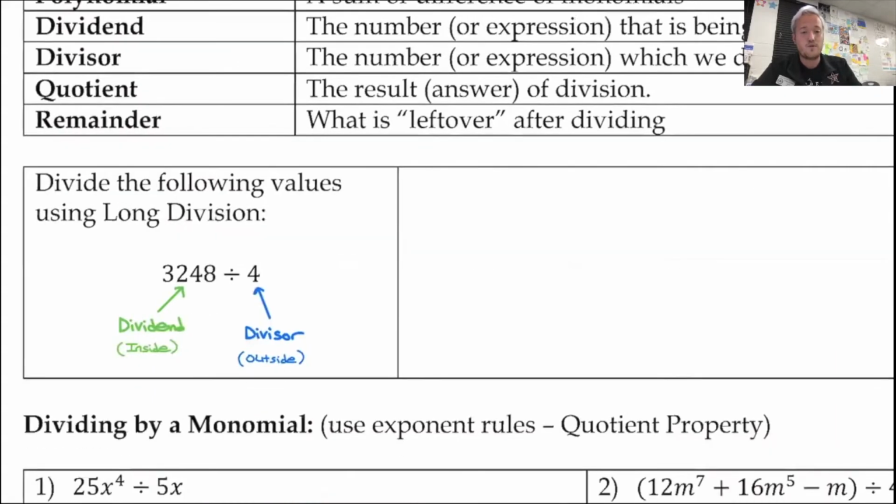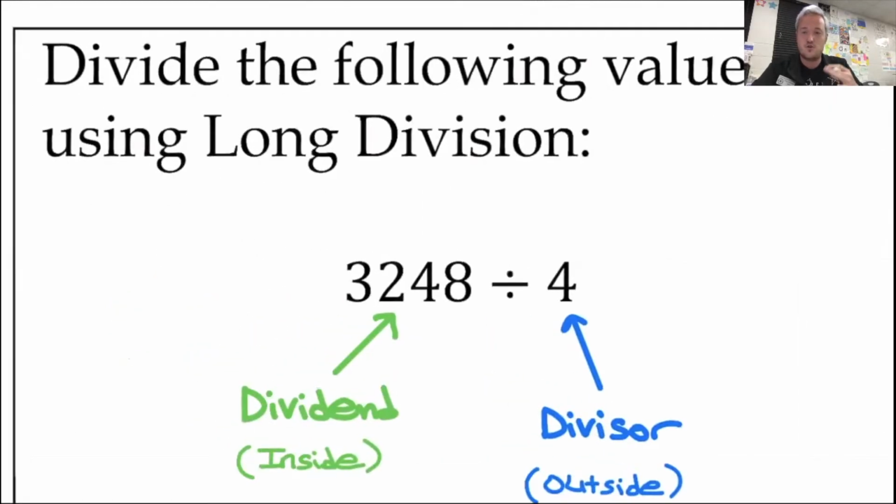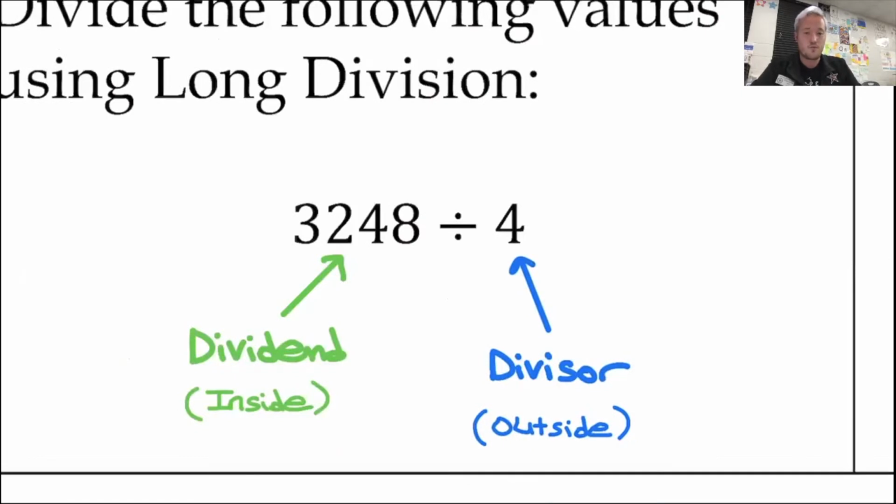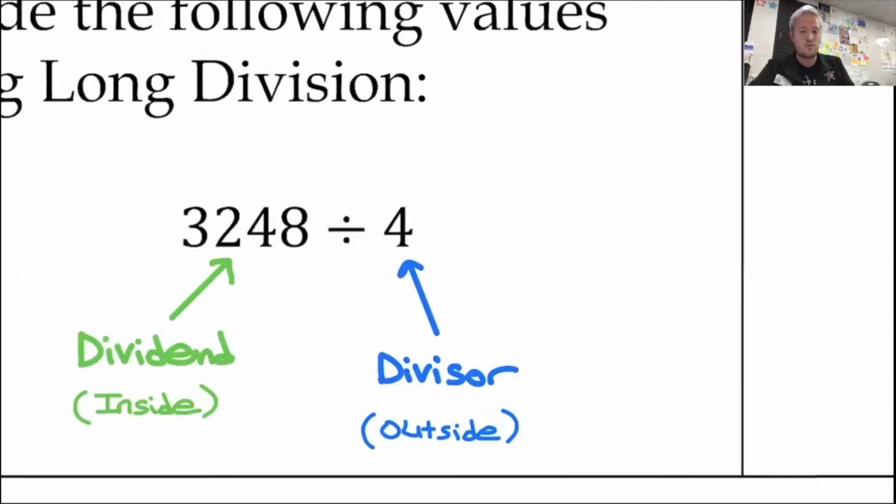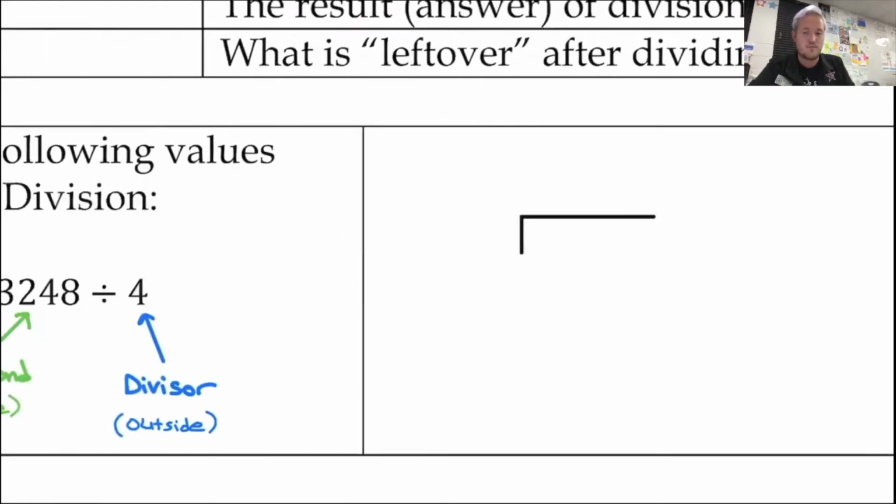So we're going to review long division in general and the general process. So we have 3,248 divided by 4. The dividend is always the first number, and the divisor is the second number. Whenever we're doing our long division method, we're using our little house that somewhat looks like a square root, not really.